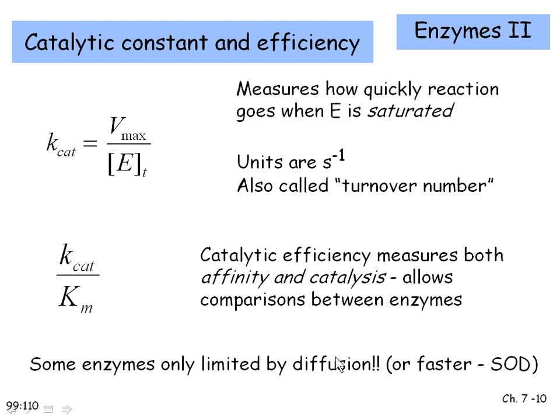I have here this little side remark of an enzyme that's faster than diffusion, which if you think about it sounds a little strange. Superoxide dismutase is one of the enzymes that protects our body from oxygen radicals. And it has an electrostatic surface on it that orients the superoxide and sucks it in like a tractor beam. And so when you measure the catalytic efficiency of SOD, it is actually faster than it could be by diffusion alone.